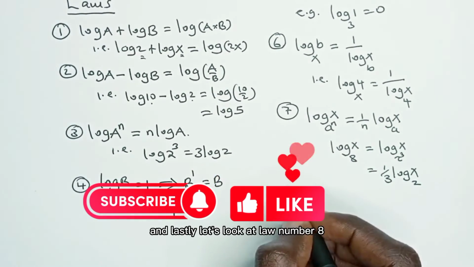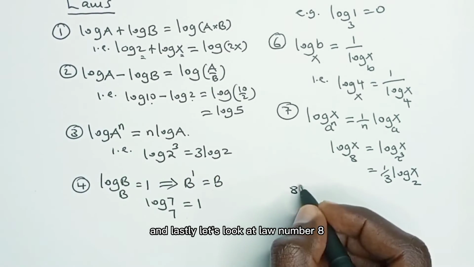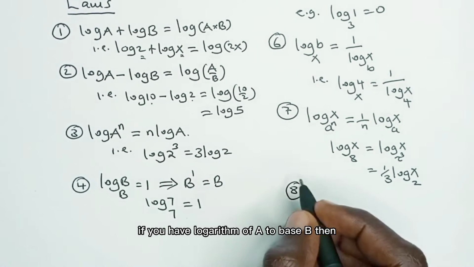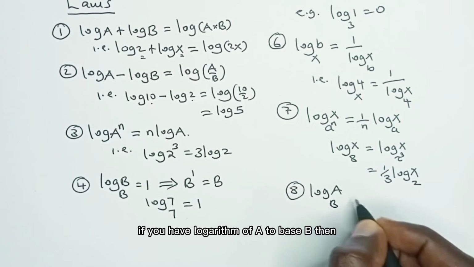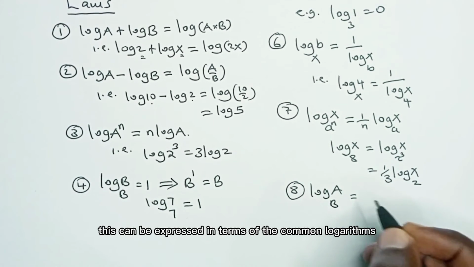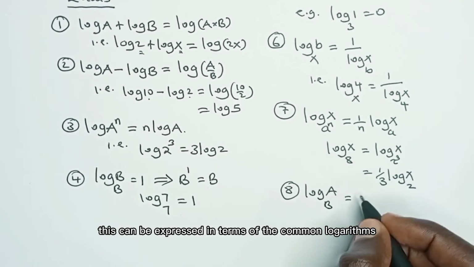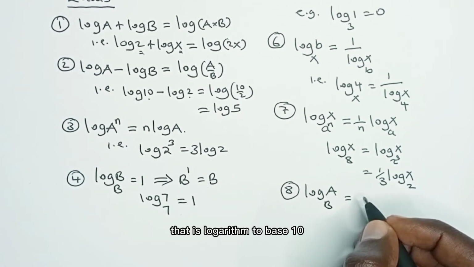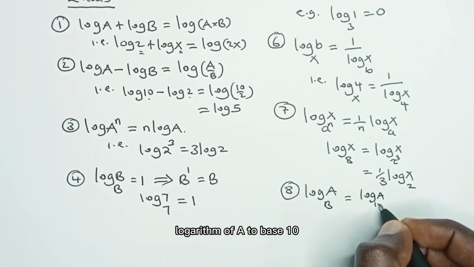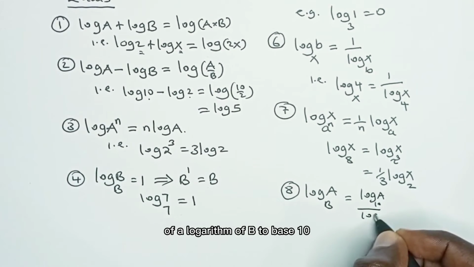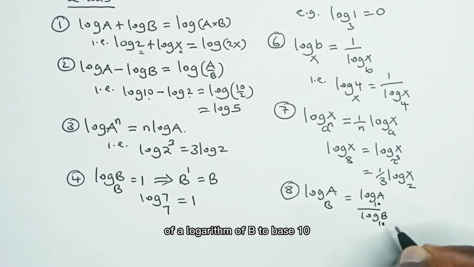And lastly, let's look at law number 8. If you have logarithm of a to base b, then this can be expressed in terms of the common logarithms, that is logarithm to base 10, logarithm of a to base 10 over logarithm of b to base 10.